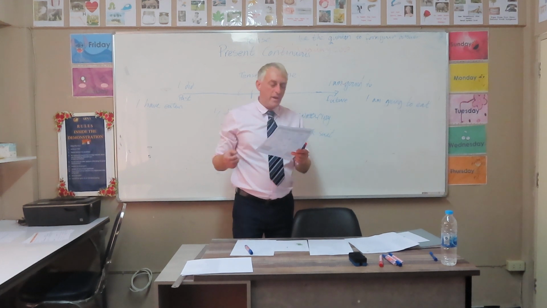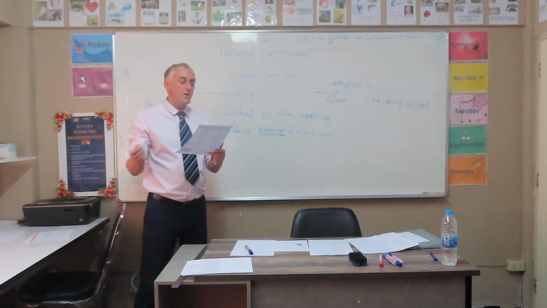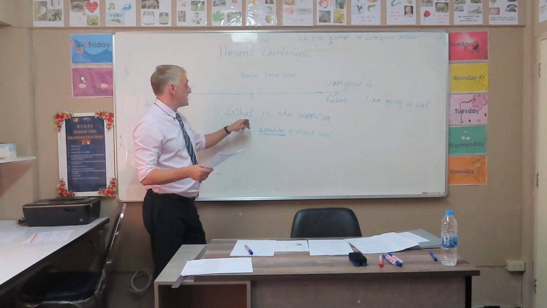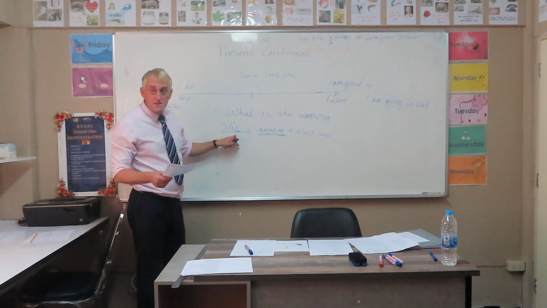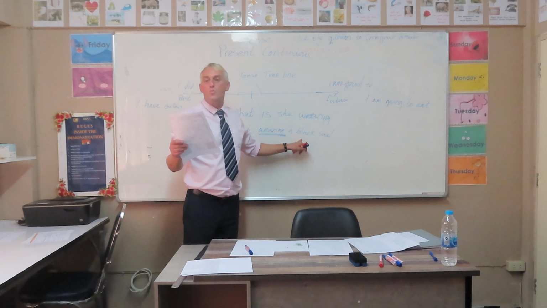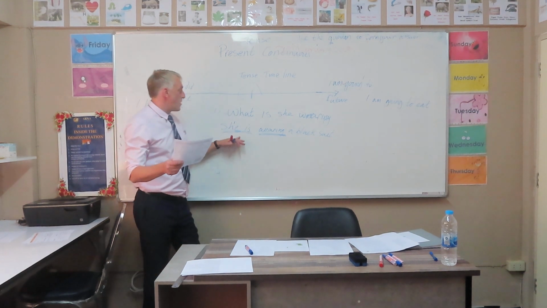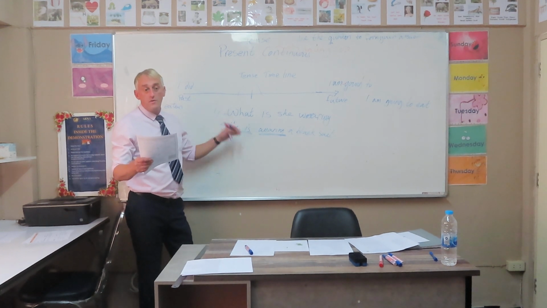Now, we're still talking about the present continuous. We're going to choose, for here now, what is she wearing was the question. The answer to the question was she is wearing a black suit. So what question word would we use to extract this answer? Yes, correct.